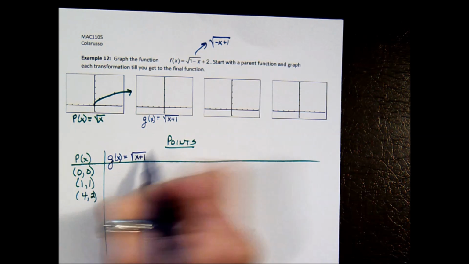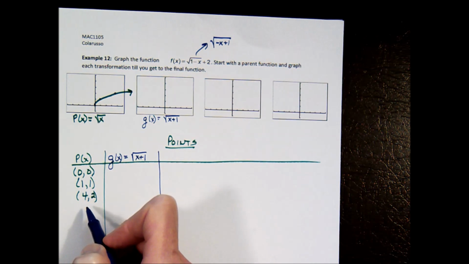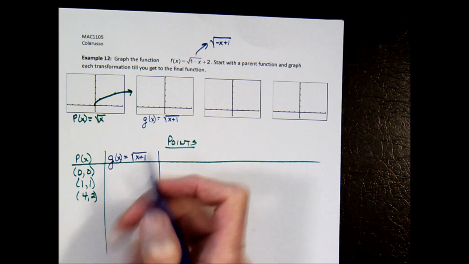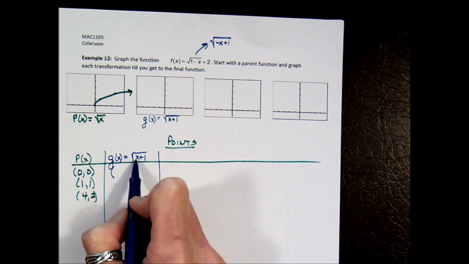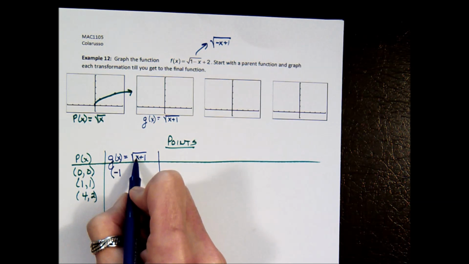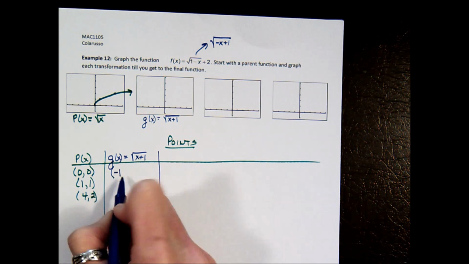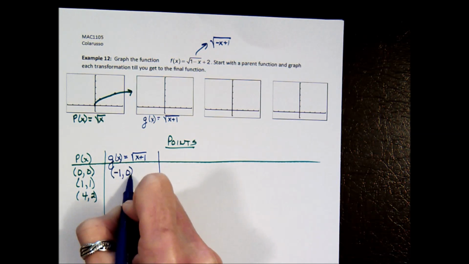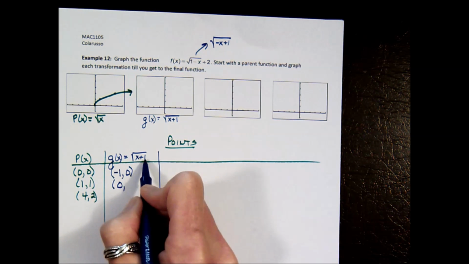Now, let's think about from our original points, what is changing? So I'm going to say, if I let x be negative 1, then I would have square root of negative 1 plus 1 is 0, and square root of 0 is 0. If x is 0, I have square root of 0 plus 1.